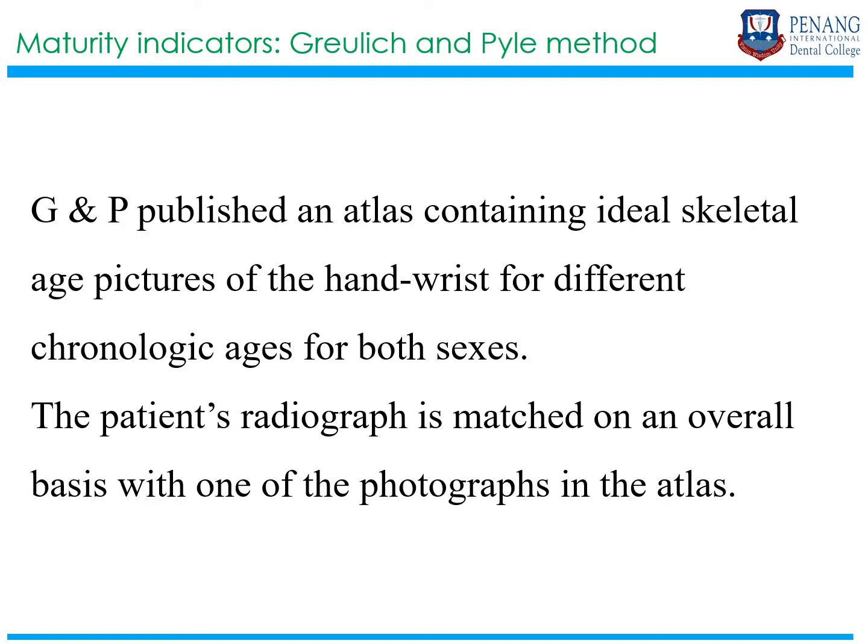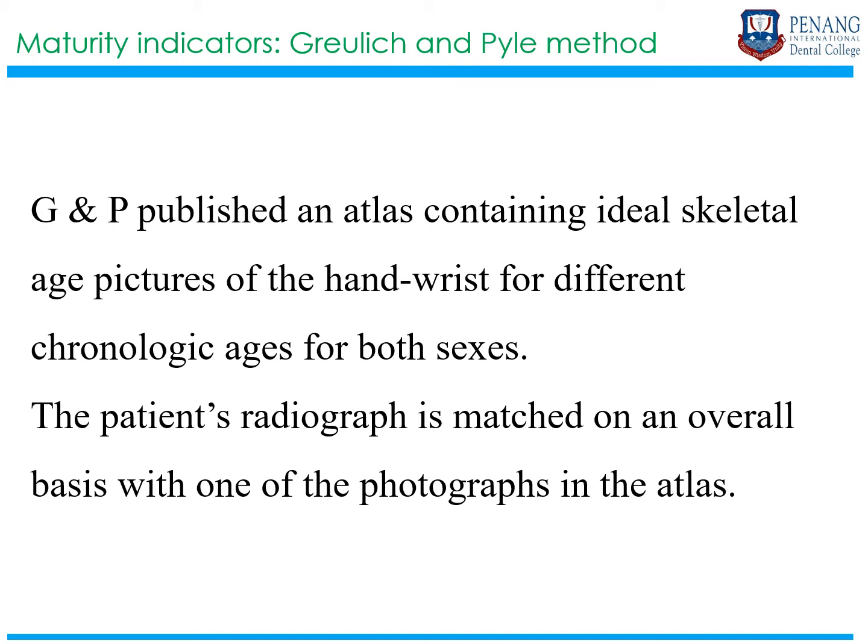So what is the Greulich and Pyle method? They published an atlas containing ideal skeletal age pictures of the hand wrist for different chronological ages of both sexes. Here you take the patient's radiograph and match it with one of the pictures in the atlas, and then come up with a conclusion.